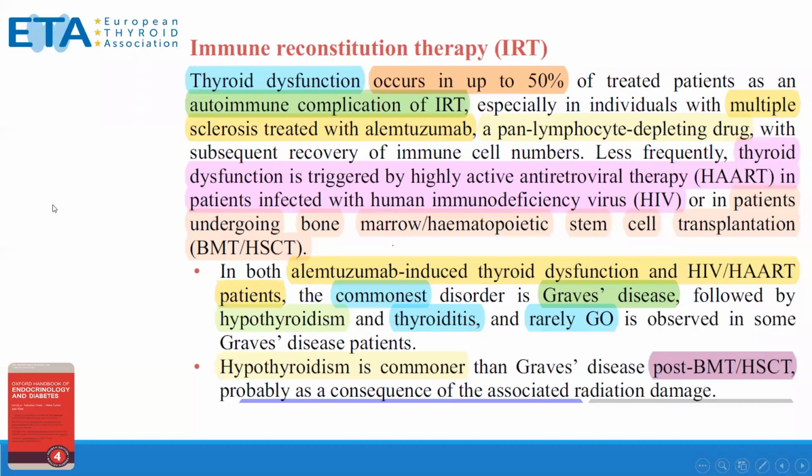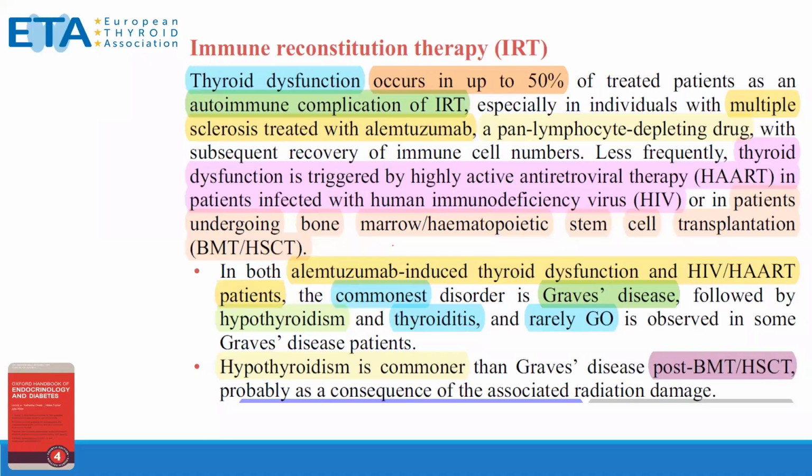Another very important item in the Oxford 4th edition is immune reconstitution therapy. These are the drugs used in the management of multiple sclerosis, like alemtuzumab. Each one ends with mab. And another drug which is used for treatment of HIV, highly active antiretroviral therapy.